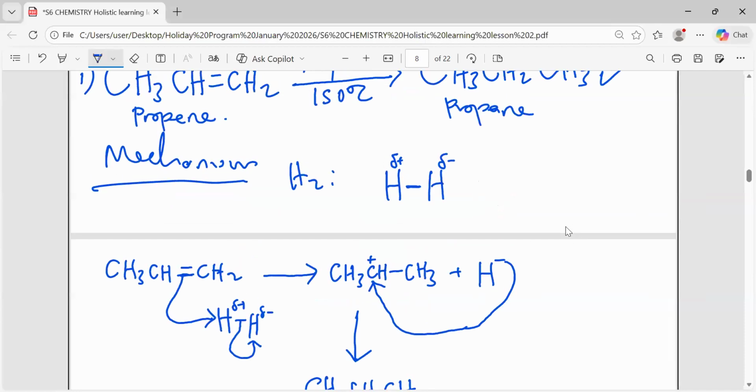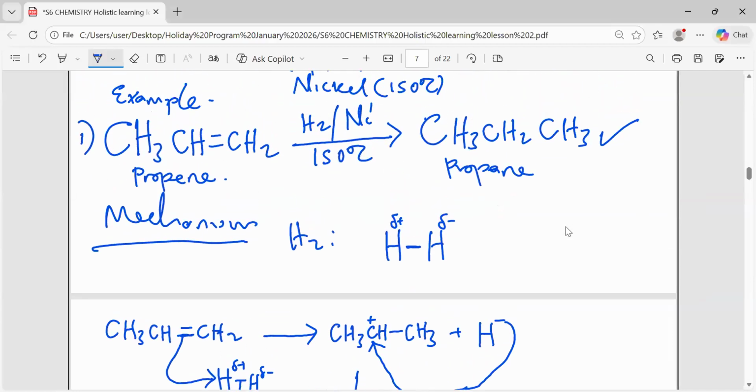You recall here we have just used 1 mole of hydrogen and nickel catalyst. The nickel is a catalyst. It does not participate in the reaction. It is just helping to speed up the reaction.